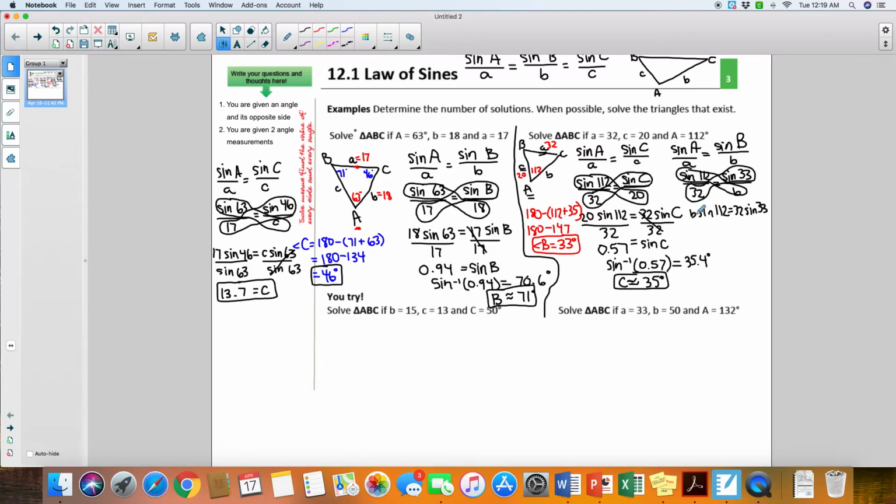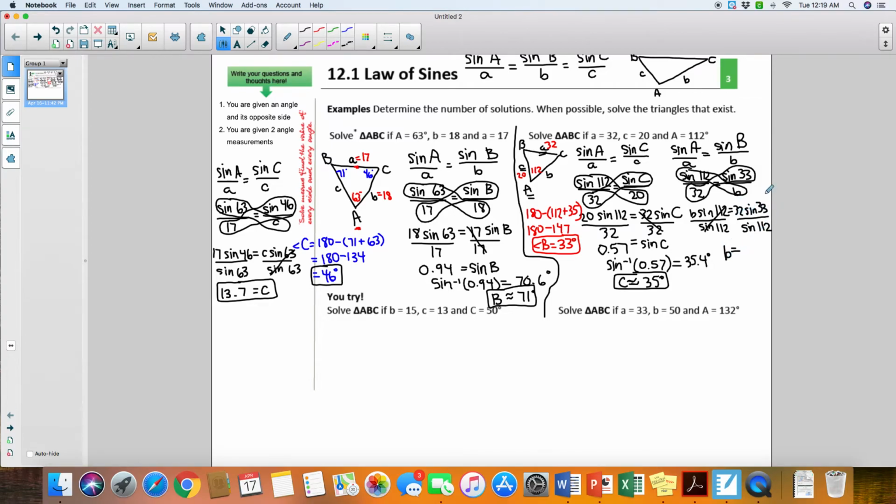Remember this is multiplication. You undo multiplication by division, so I would divide on both sides. That will cancel out. And then I will type all of this into the calculator.